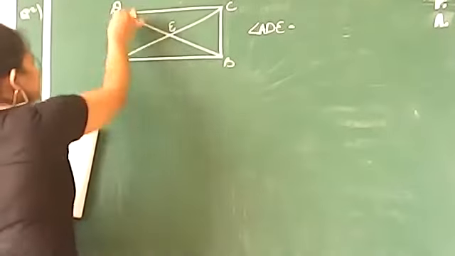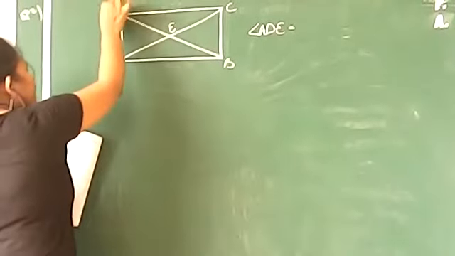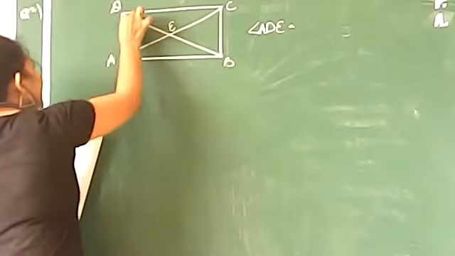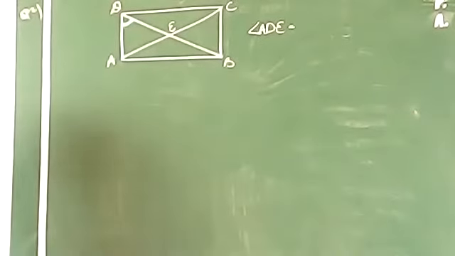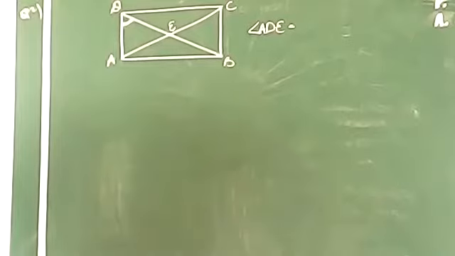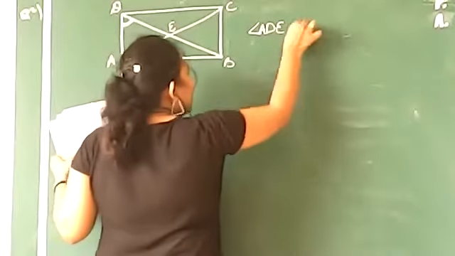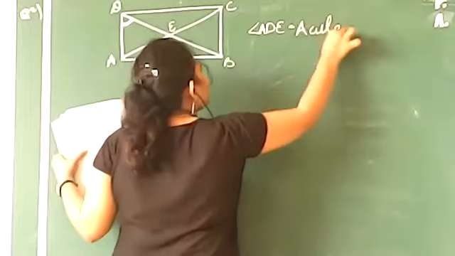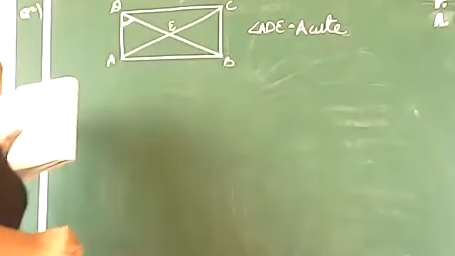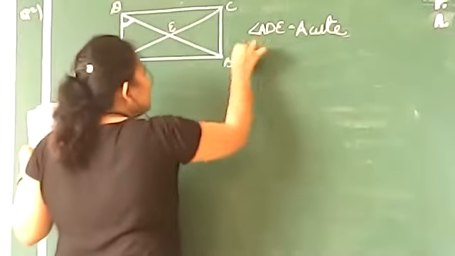Look here, this is A, this is D, and this is E. This is angle ADE. You can see the figure is looking acute, it is less than 90. So it is an acute angle. Move on to the next one, BAD.